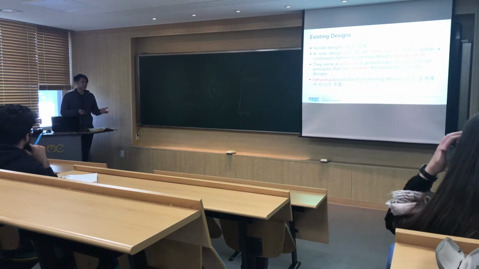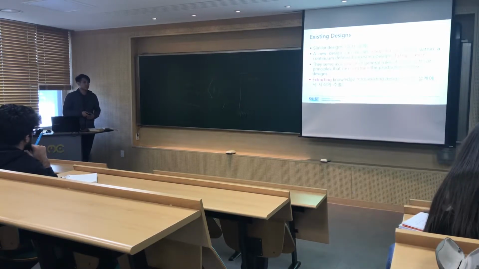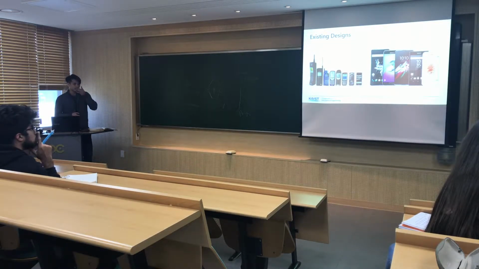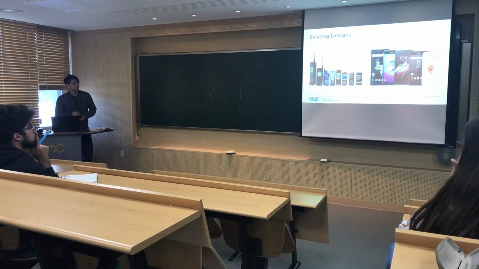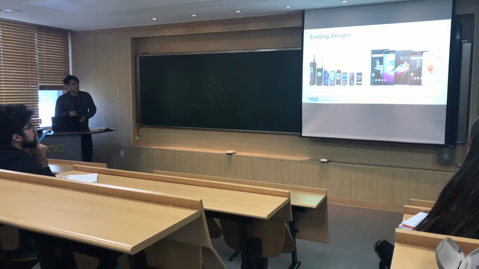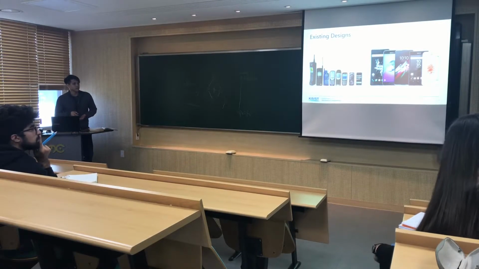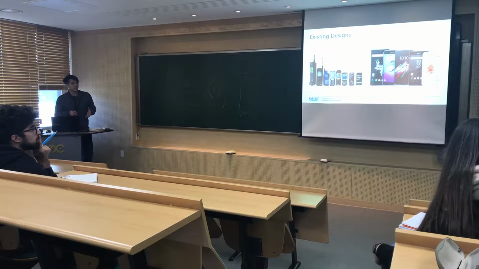And from this, we can also extract new knowledge from existing designs to produce and improve and find different solutions to different problems. So one example would be the history of mobile phones. First, we see that the mobile phone had a small display with the number pad, obviously because you need to call someone. And over the years, the form of the shape remained the same with the antenna.